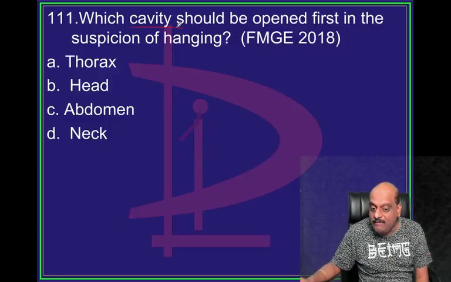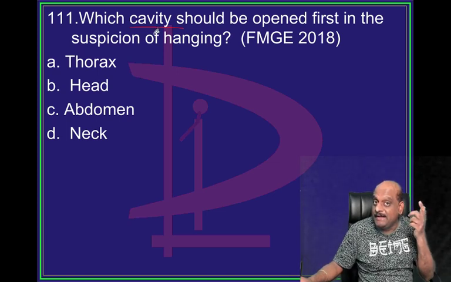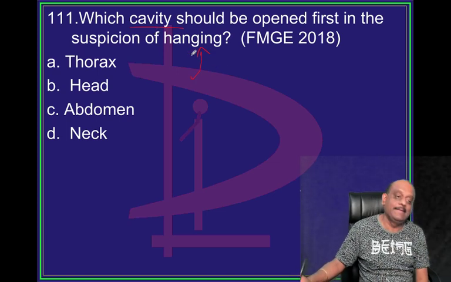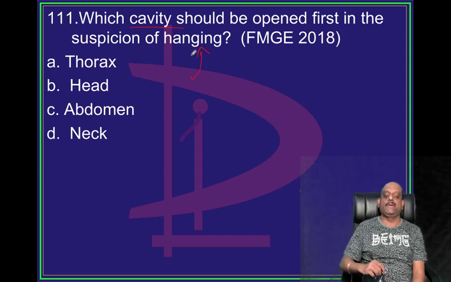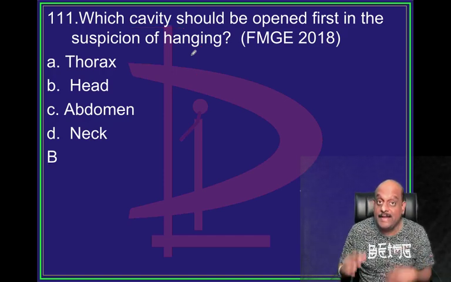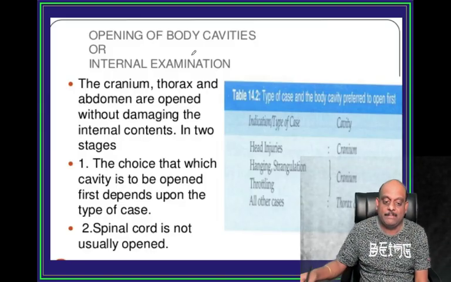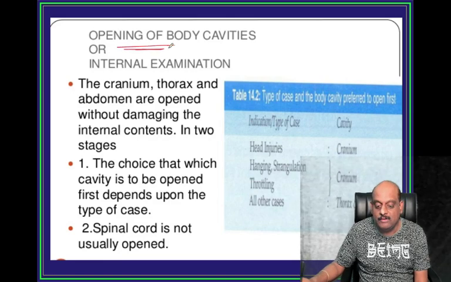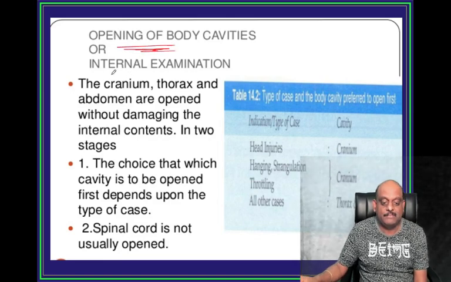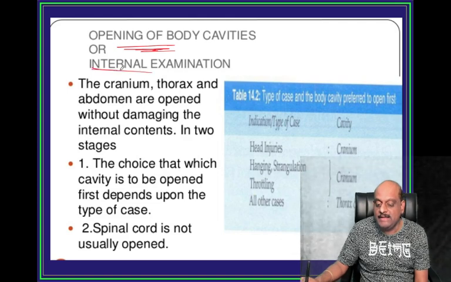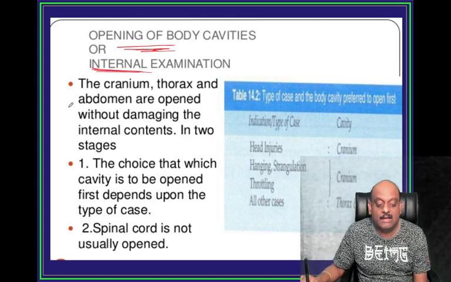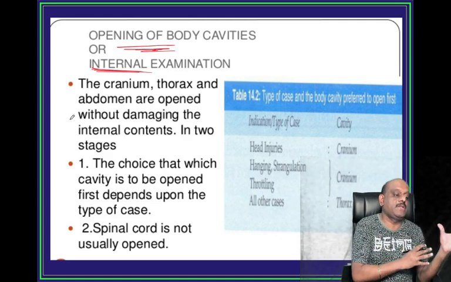Now, which cavity should be opened first if you are suspecting hanging? This is a very important question. It is the head, is what you should remember. For opening the body cavities for internal examination, there are always preferences.